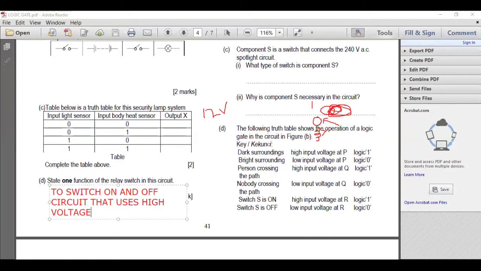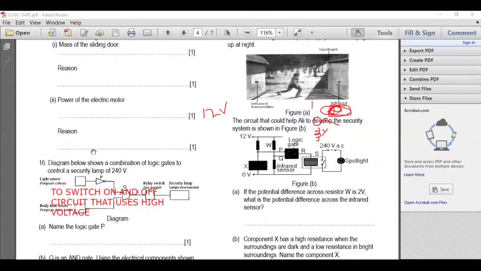Now you must have the words high voltage. Any switch, the function is to switch on, switch off. But when you talk about a relay switch, it must be to switch on, switch off a circuit that uses high voltage.